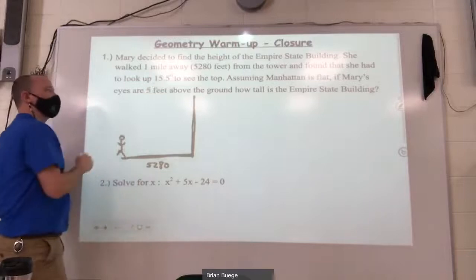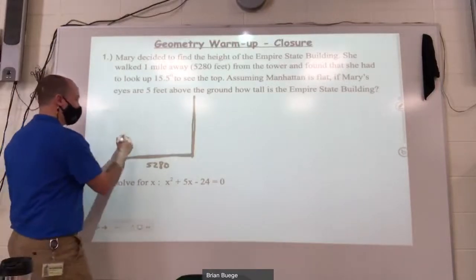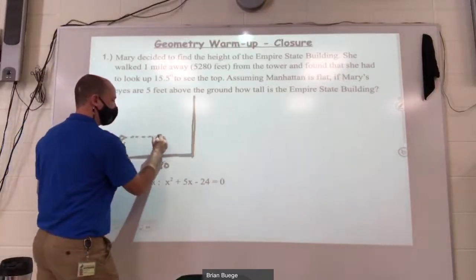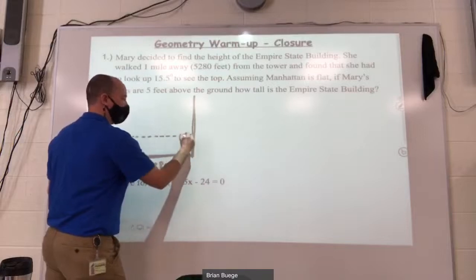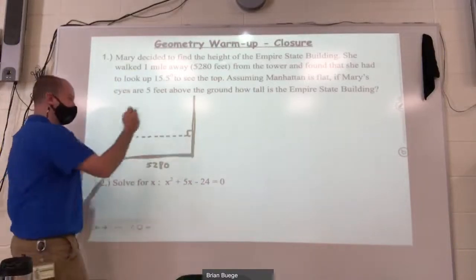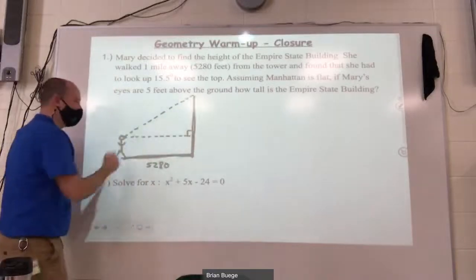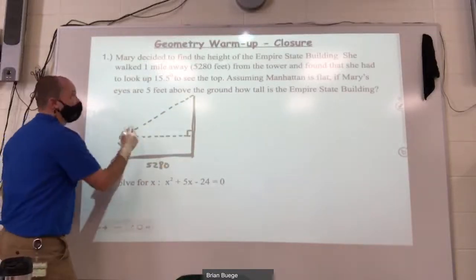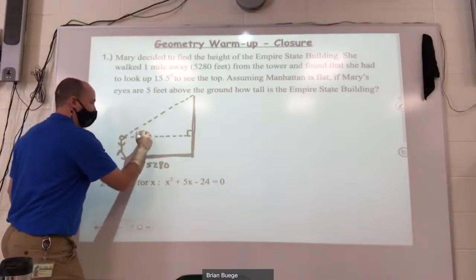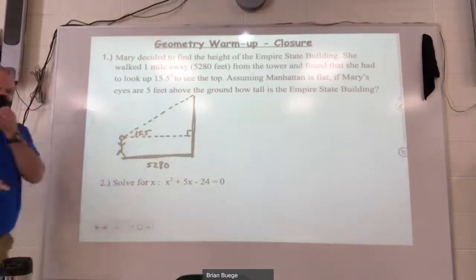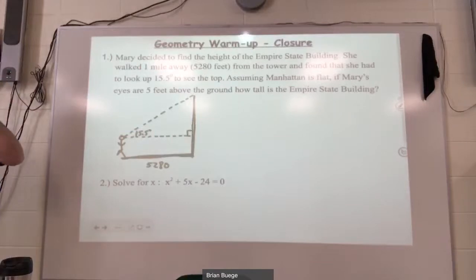Then it says that she had to look up at a 15.5 degree angle. So we've done something like this before. If she's looking straight ahead, there's my 90 degree angle, versus now she looks up at the top of the Empire State Building, that angle that we just created is your 15.5 degrees.